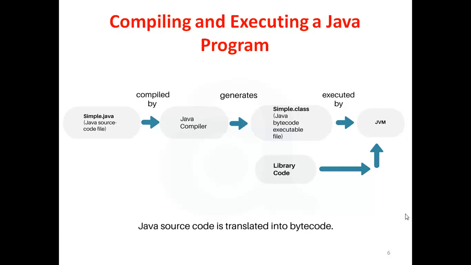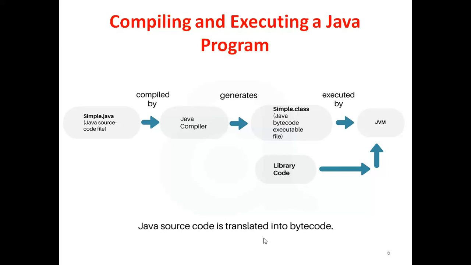This is the way we compile the Java program. When we compile it, a Java bytecode executable file is created having the name of the Java program. Therefore, we get the executable file named simple.class. After that, we run the Java program by using JVM.